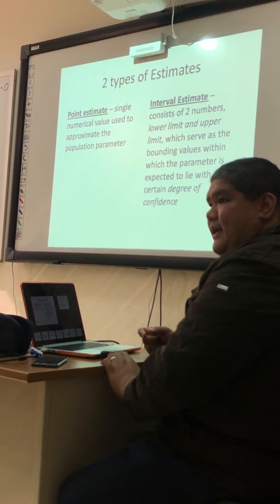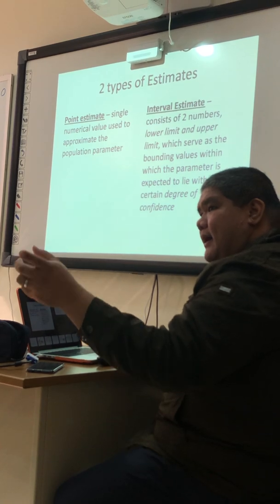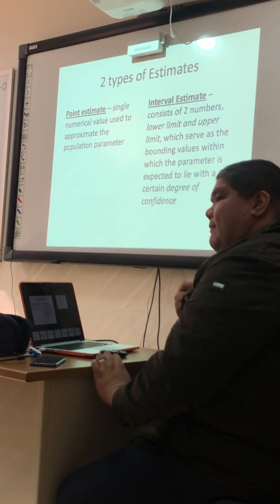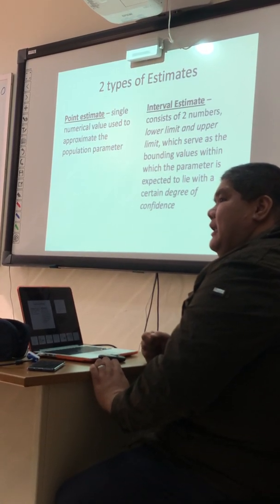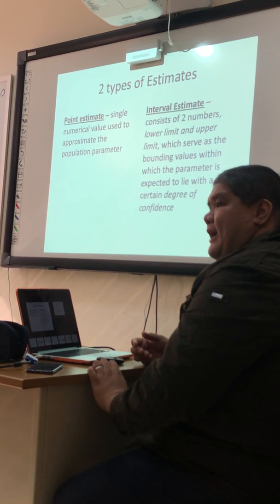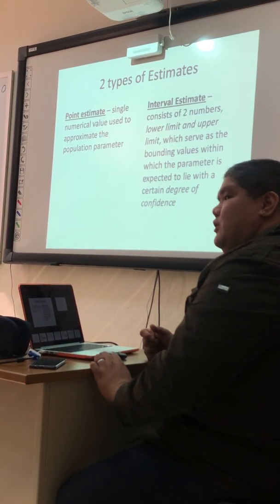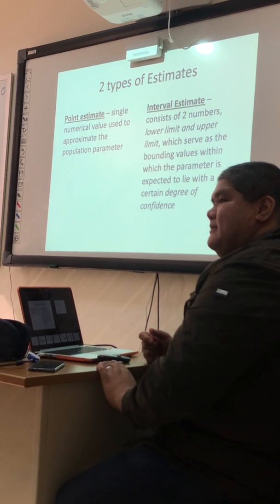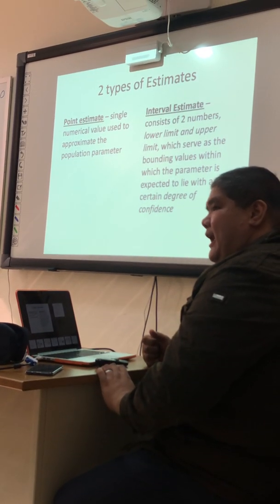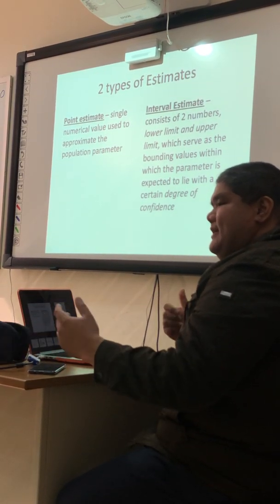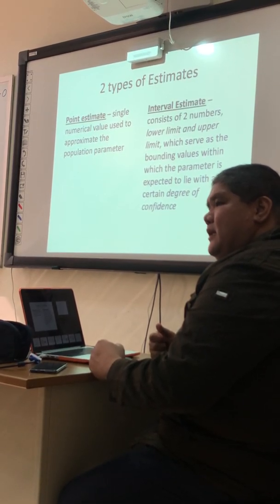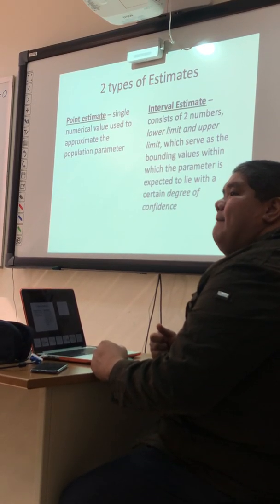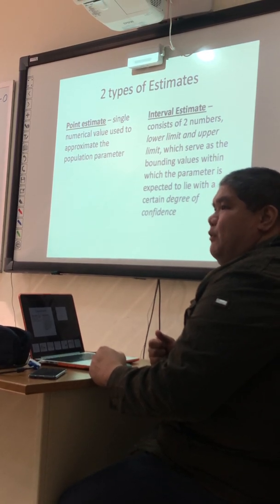So x bar will estimate the mu. Is it clear? So in my example, my sample, the value is 19.2. Dr. Atik came and he took another sample. He got 5 students again. His sample arrived at a mean equal to 19.6.